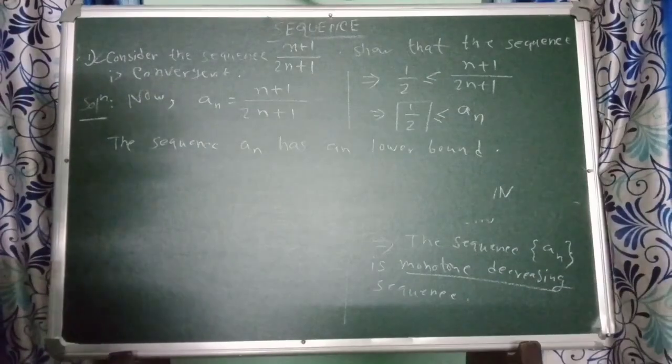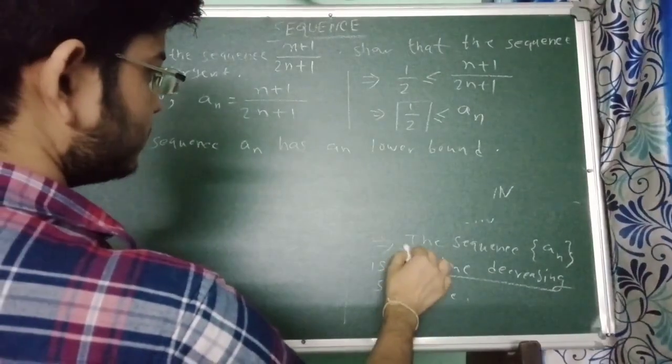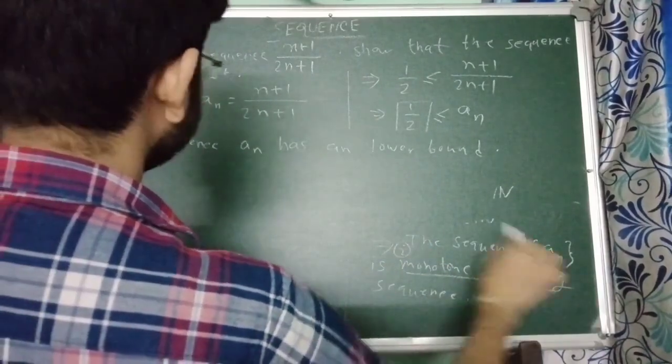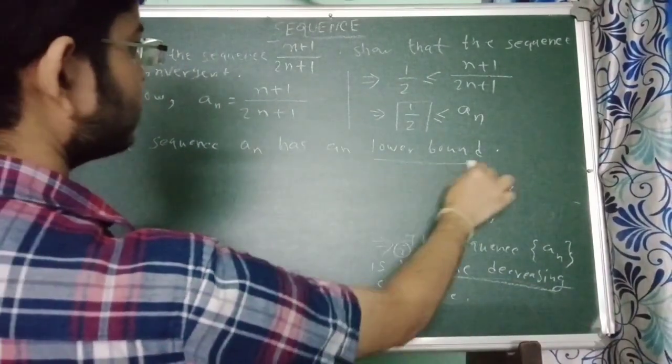Now combining these two, number 1, the sequence is monotone decreasing and the sequence has a lower bound.